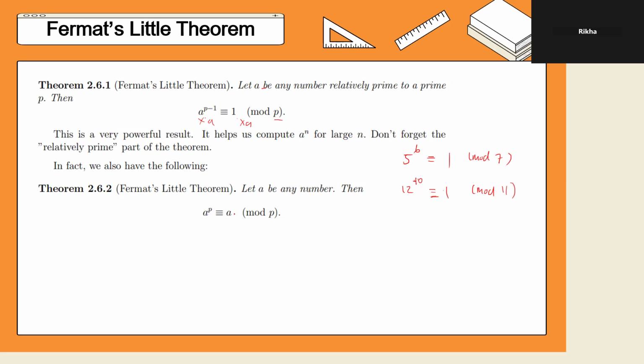And on the right side, we have A. So this is another version of Fermat's little theorem: A to the power of P is congruent to A modulo P. You can use this one or that one, no problem, they're both the same thing anyway. So this is like 5 to the power of 7 is congruent to 5 modulo 7.